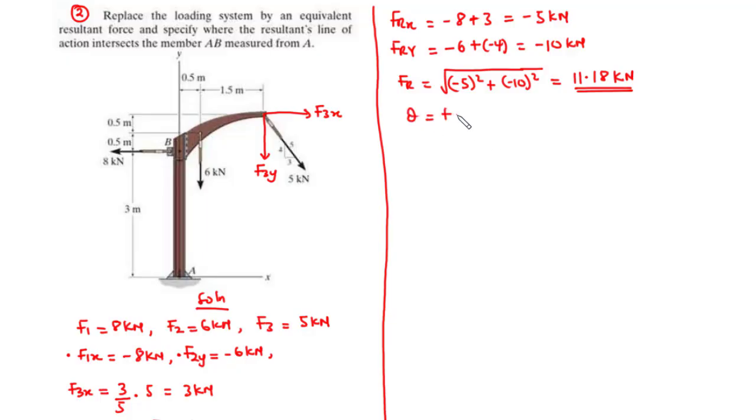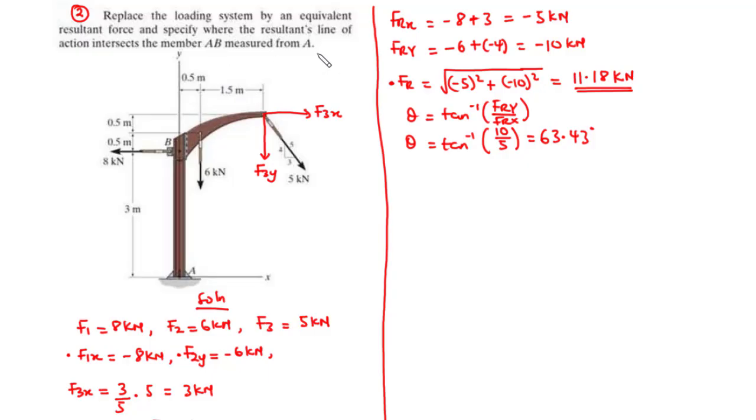So that is equal to tan inverse of FRy divided by FRx. Here we are going to neglect all negatives. So we have tan inverse of 10 over 5, and that is equal to 63.43 degrees. So that is the value of theta.